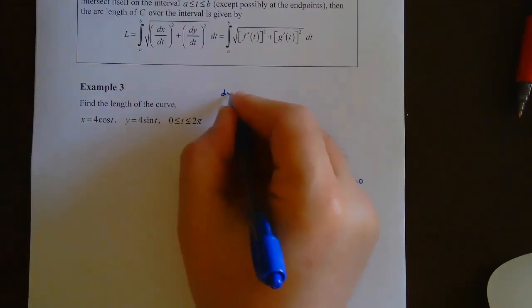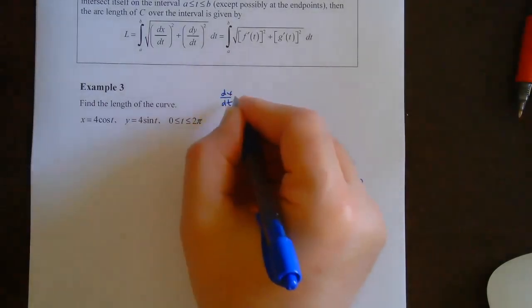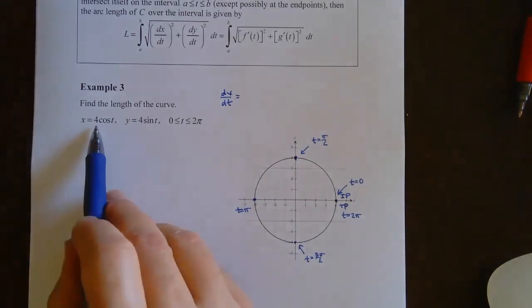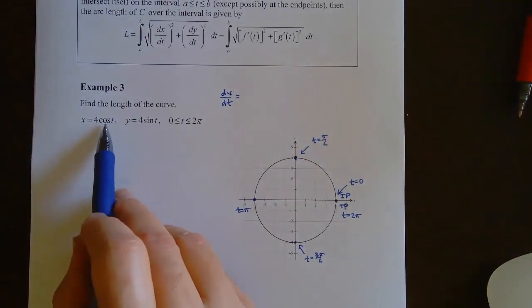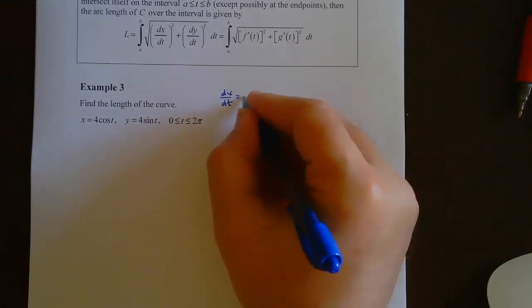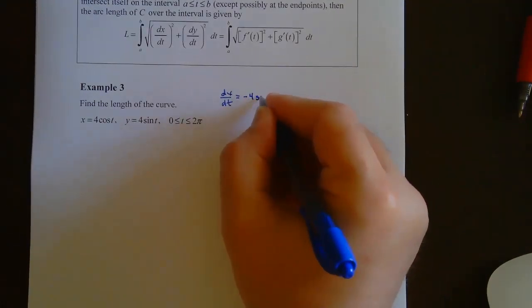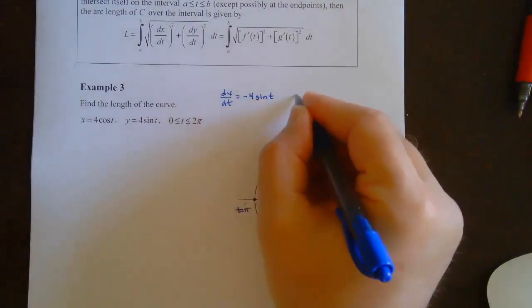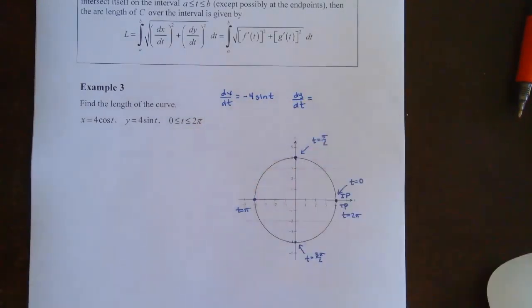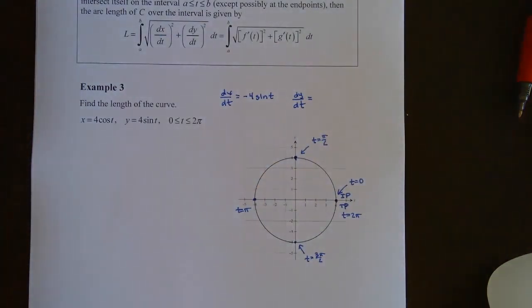So dx over dt would be 4 times the derivative of cosine t, and the derivative of cosine t is negative sine t, so this comes out to be negative 4 sine t. And then dy over dt is 4 times the derivative of sine t, so that'd be 4 cosine t.